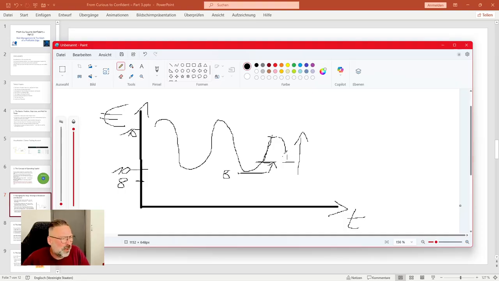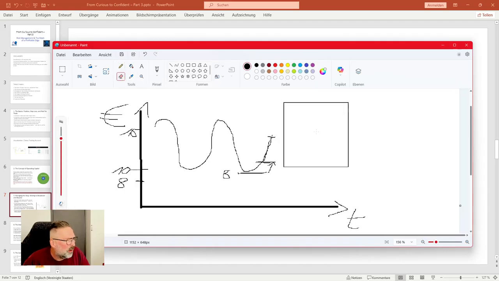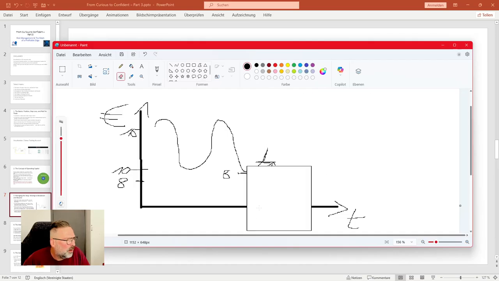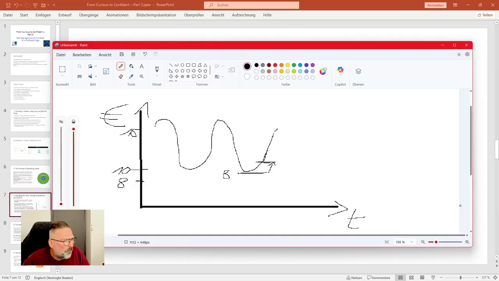And now you can, of course, move stop loss further up, yeah, into profit. Now let's say we put the stop loss at 13.